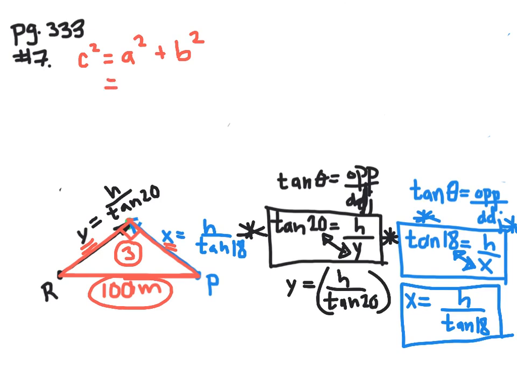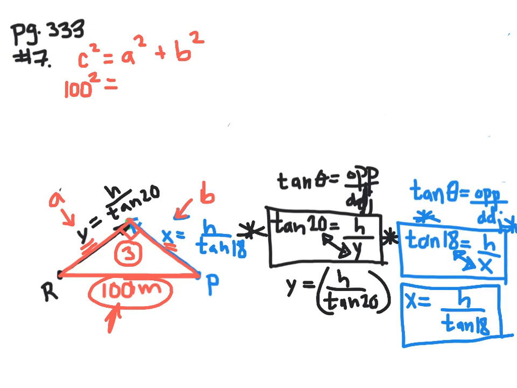Okay, and so if I continue this formula up here, c squared is equal to a squared plus b squared. I know that c is going to be my hypotenuse, so c is going to be the 100 squared, plus a. We'll call side a this one, and we'll call side b this one. It doesn't really matter which one you call side a and side b.